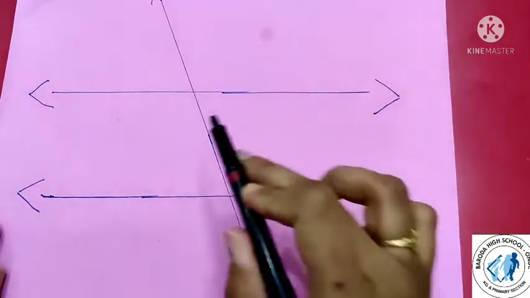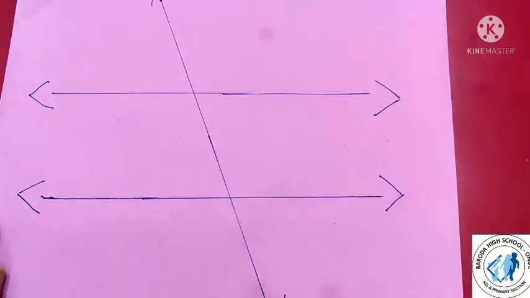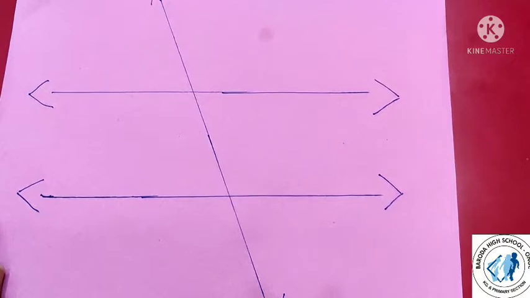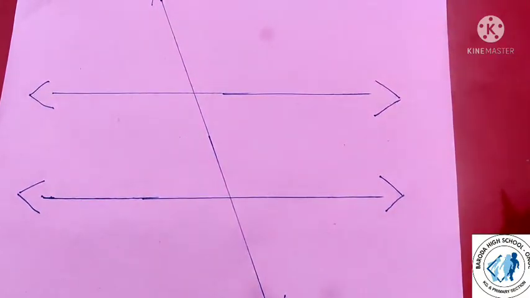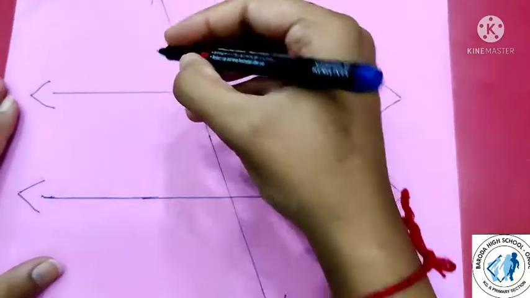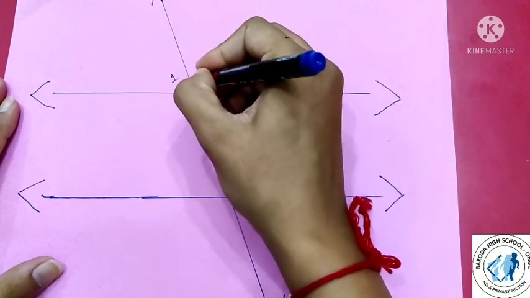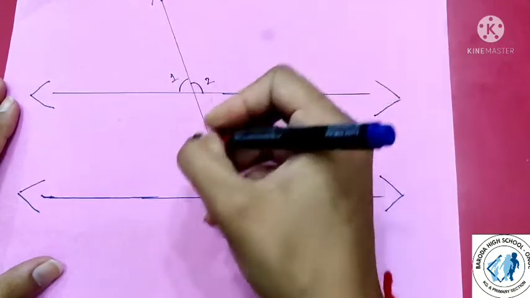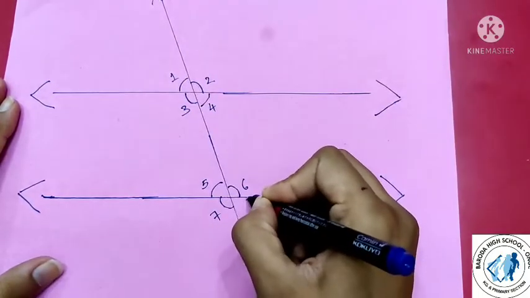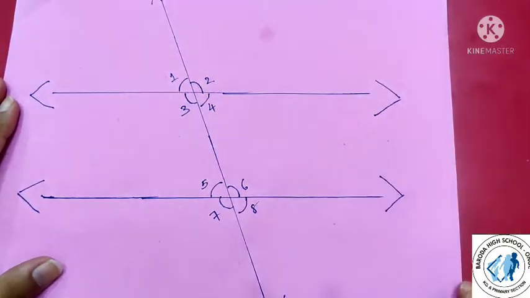Now with these arrows, it completely gives the feeling of lines. Now we were talking about the different pairs of angles. So here, as you can see, let us mark the angles 1, 2, up to 7, 8. So a total of 8 angles are forming.